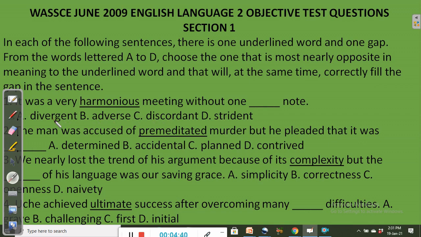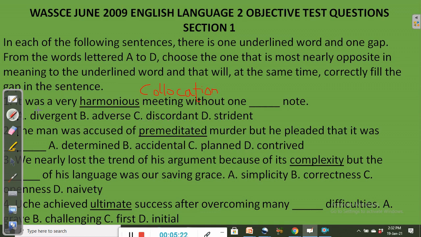Other words also, people can hold divergent views, but again, there is a principle we have to look at, and that is the principle of collocation. The words that go together. So in this case, we have to look for a word that collocates with meetings, and a word that is appropriate for that context, and that is discordant.